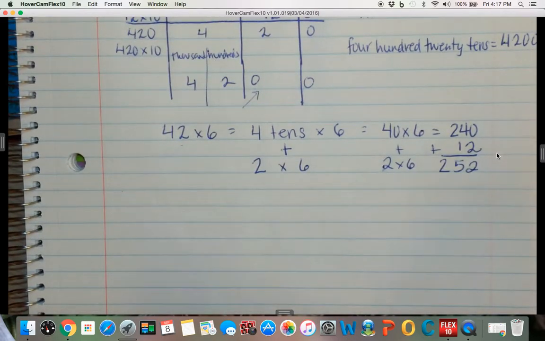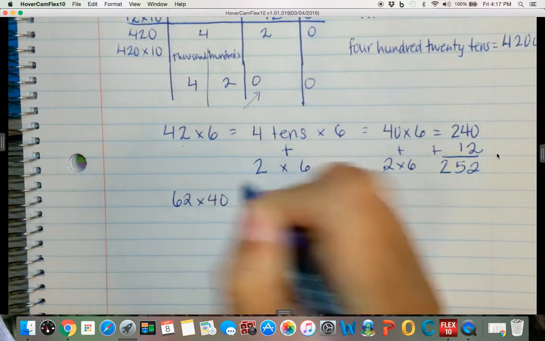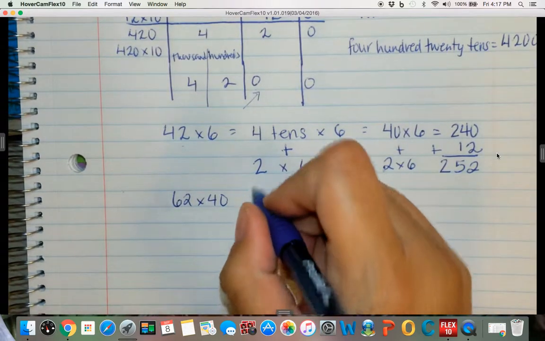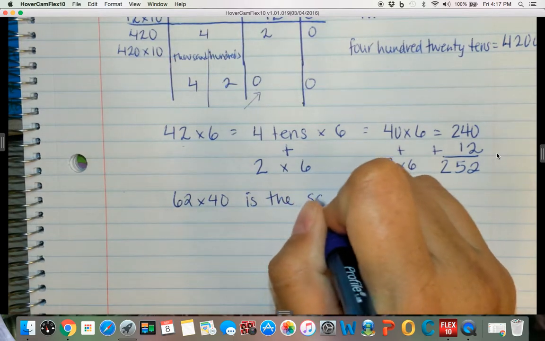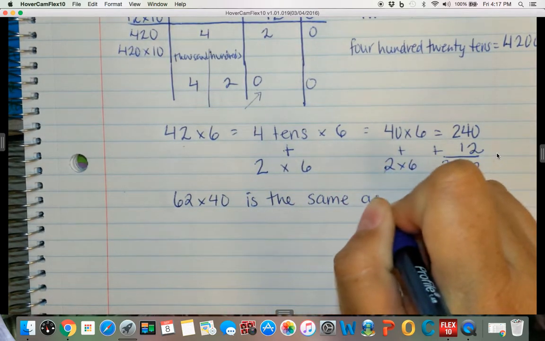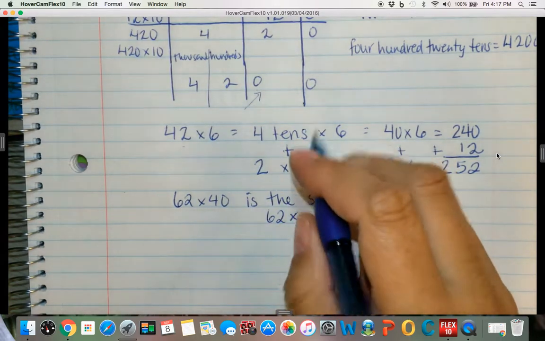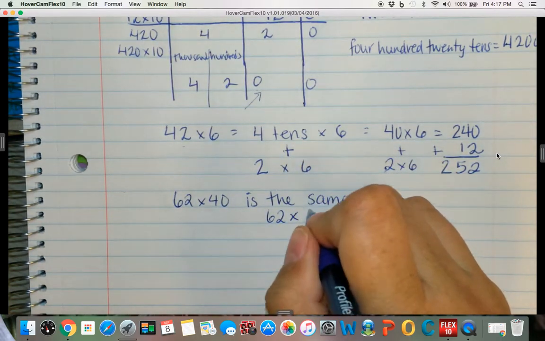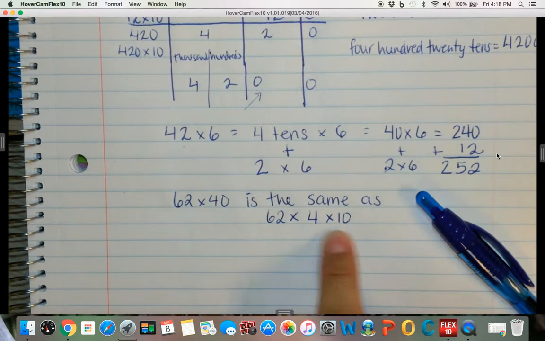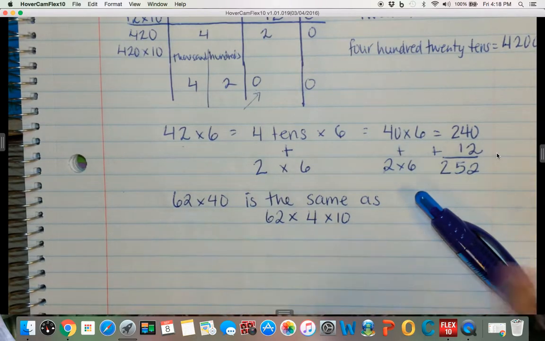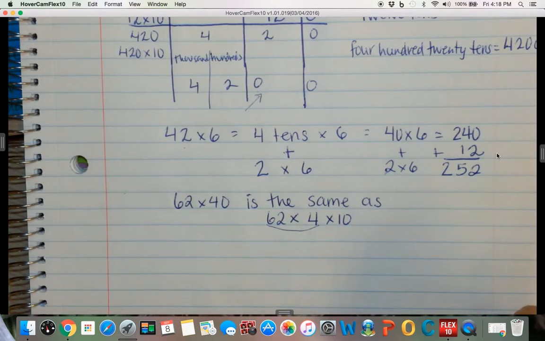If I'm trying to break a larger number apart, like 62 times 40, 62 times 40 is the same as 62 times 4 times 10, because 4 times 10 is 40. So it's a little bit easier to multiply 62 times 4.